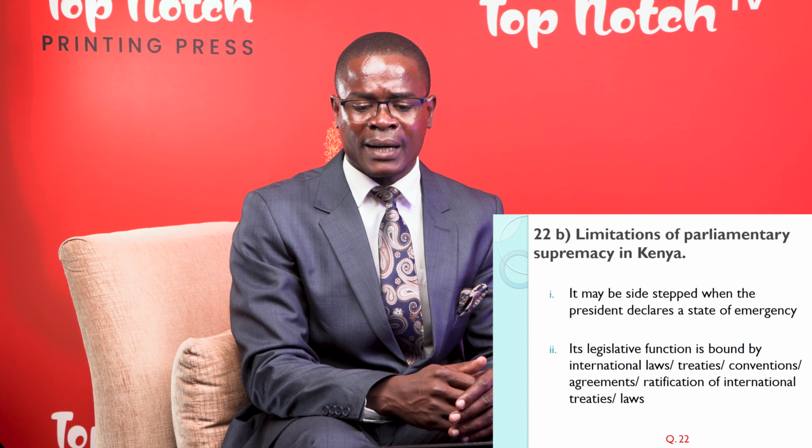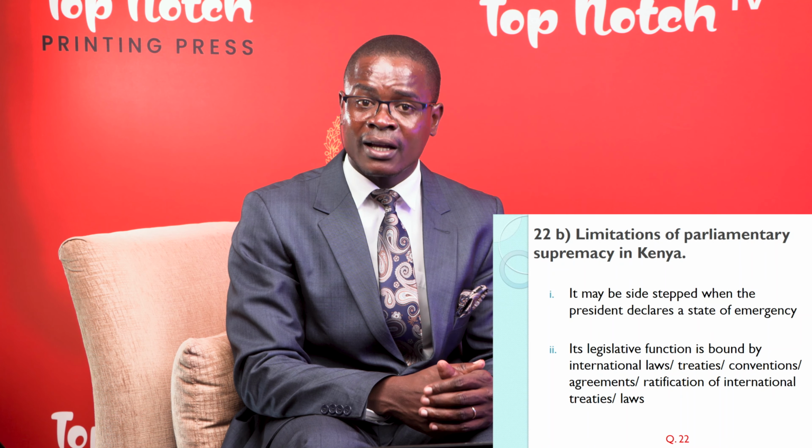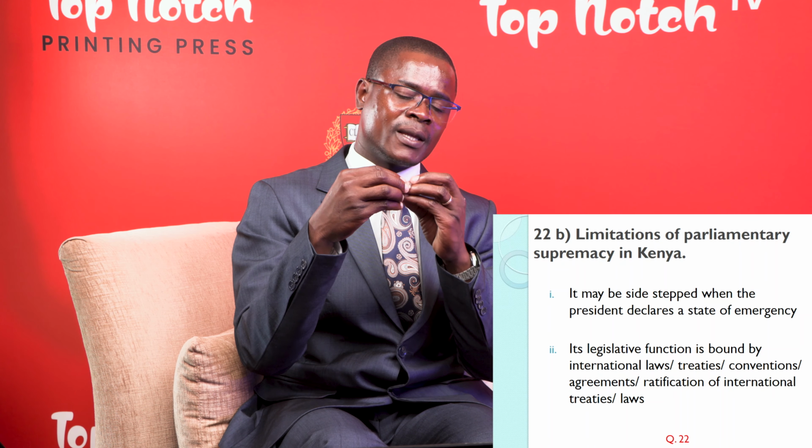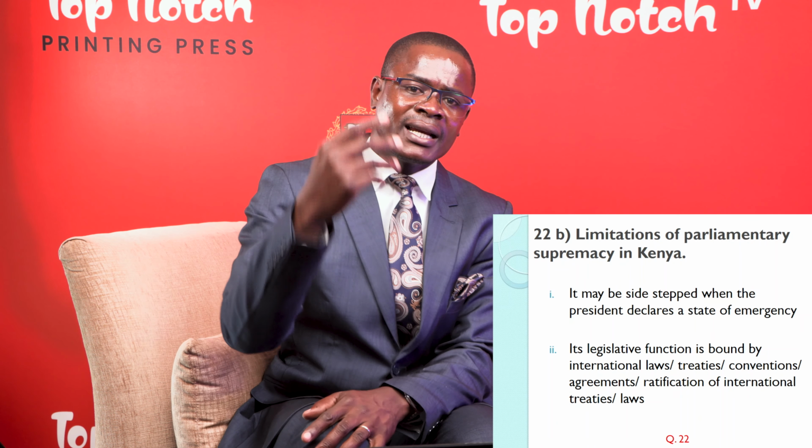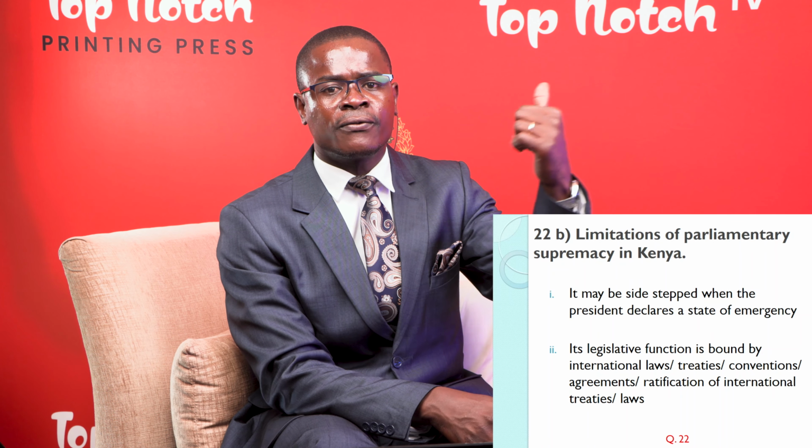One, it may be sidestepped when the president declares a state of emergency. When the country is in a situation where there is need for a state of emergency to be declared, it cannot wait for parliament to convene, sit and deliberate. The president will just go ahead and declare that state of emergency.